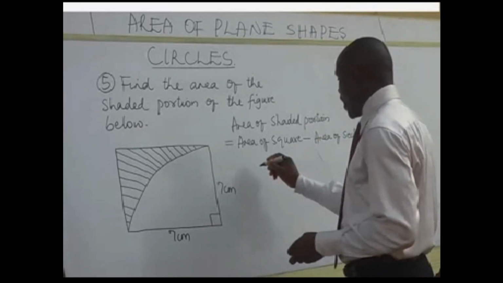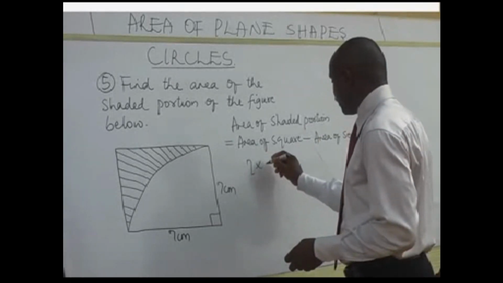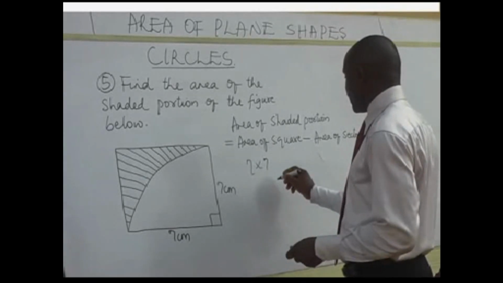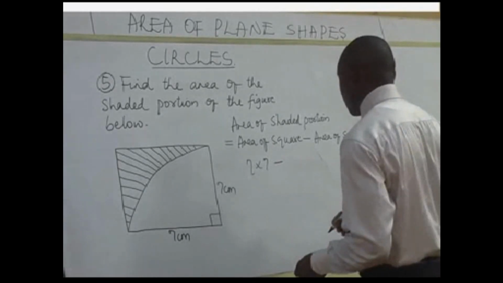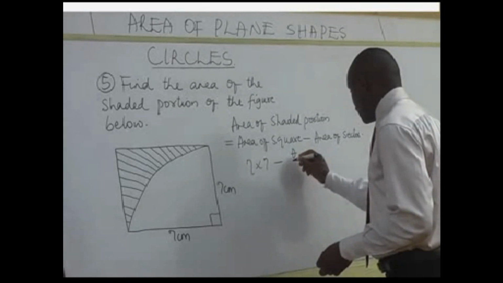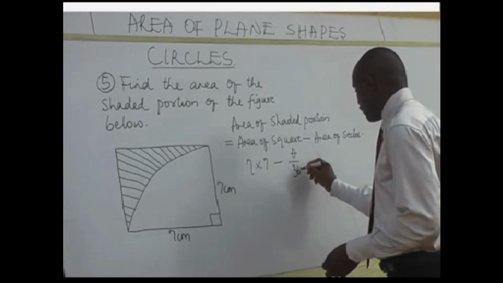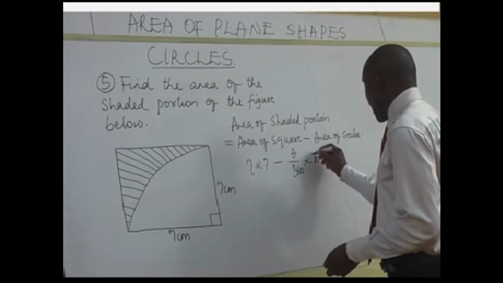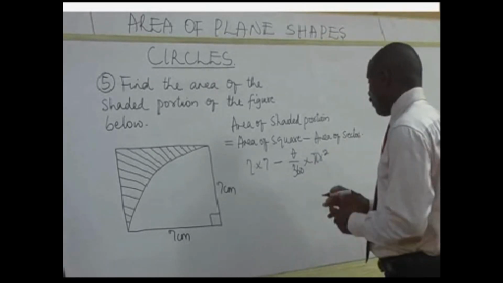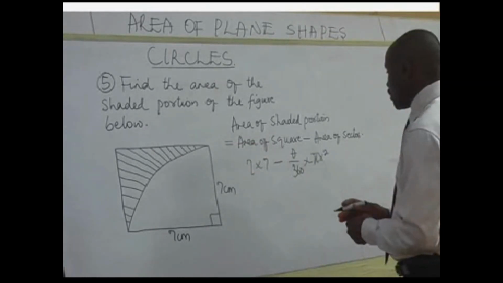So area of the square is 7 times 7, which is 49. Then if you subtract theta over 360 times pi r squared from it, you get the area of the shaded portion.